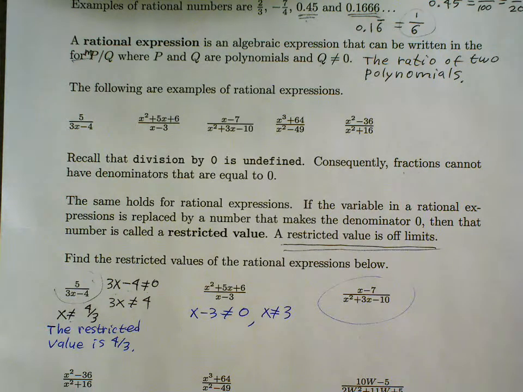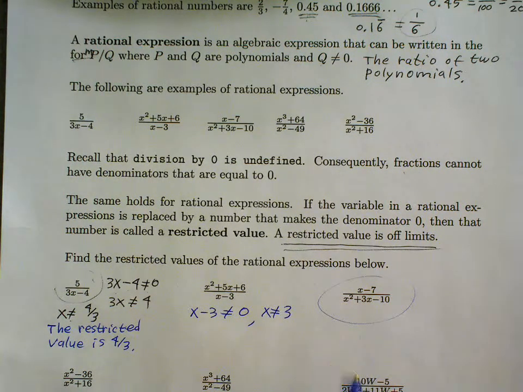So what did you come up with for the restricted values of x minus 7 divided by x squared plus 3x minus 10? Well, I'll show you.